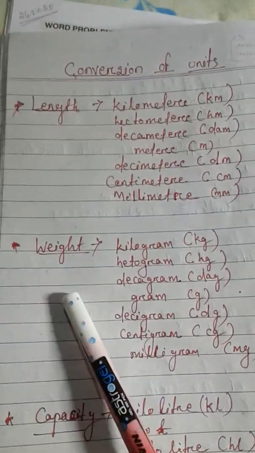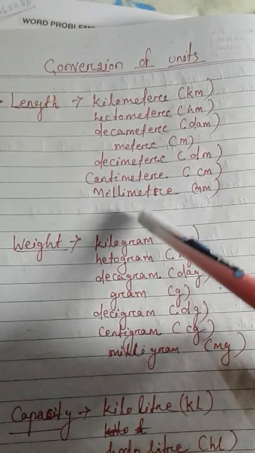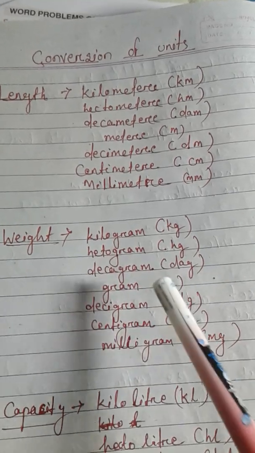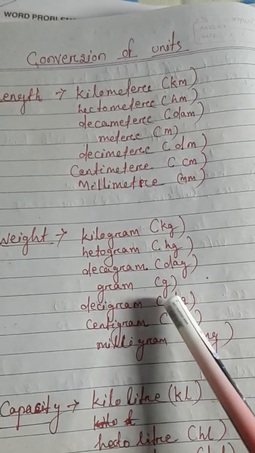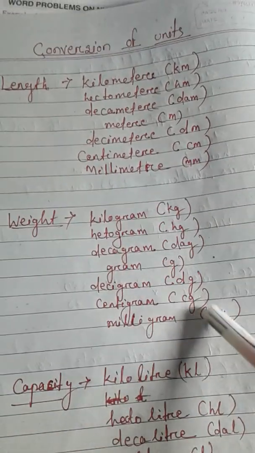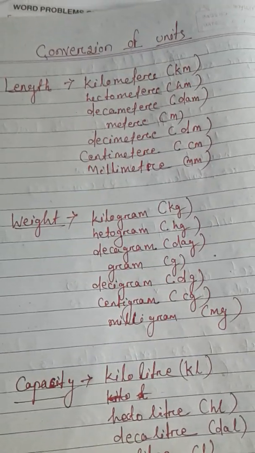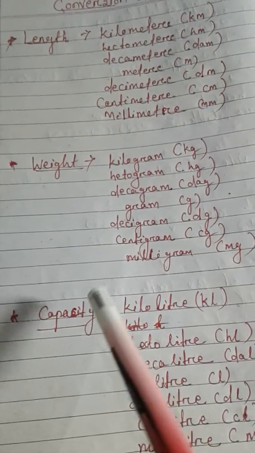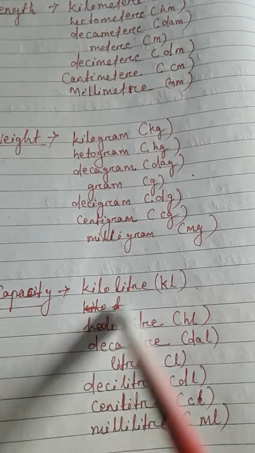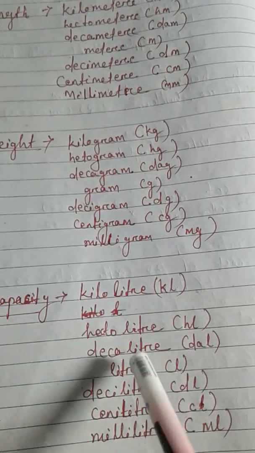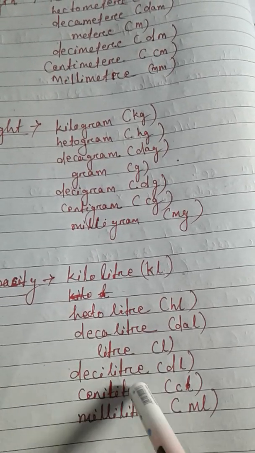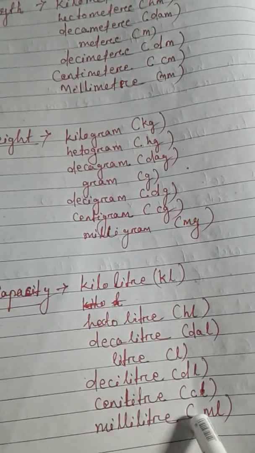Then for weight, we use these units: kilogram, hectogram, decagram, gram, decigram, centigram, milligram, and these are the short form. Then comes capacity. For capacity, we use these units: kiloliter, hectoliter, decaliter, liter, deciliter, centiliter, milliliter, and these are the short form.